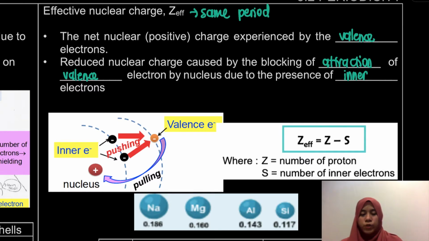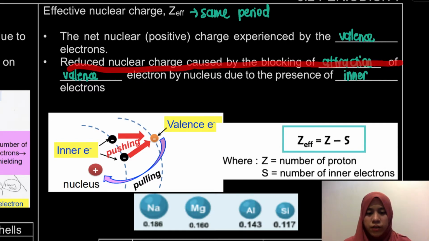Okay, so ni sama juga. So the effective nuclear charge, nuclear charge ni maksud dia begini, for this time around we can calculate it. So it's actually the positive charge experienced by the valence electron. Actually what is the attraction tu lah. Okay, so the reduced nuclear charge is caused by the blocking of attraction of valence electron due to the presence of inner electron.